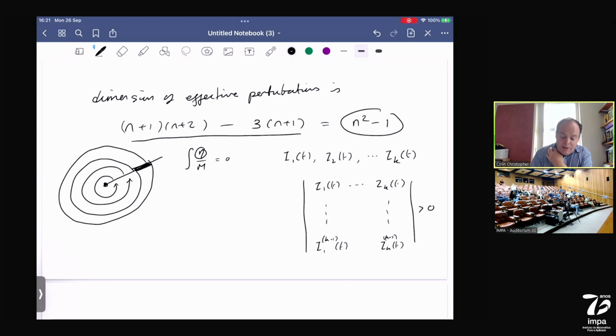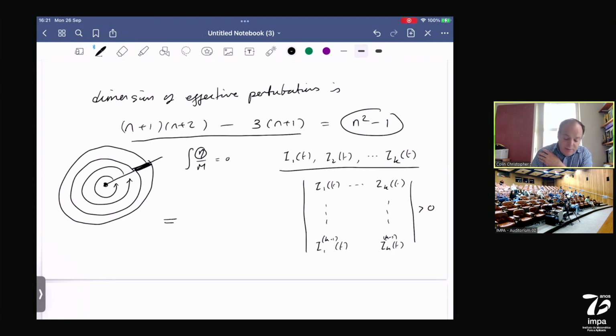So that's always going to hold the case unless this determinant is identically 0. But you can show that if this determinant is identically 0, then in fact there's a linear dependence between these quantities here, and that contradicts the assumption that they're linearly independent. And so we can always find a period annulus where we can generate the dimension of the system minus 1 limit cycles.